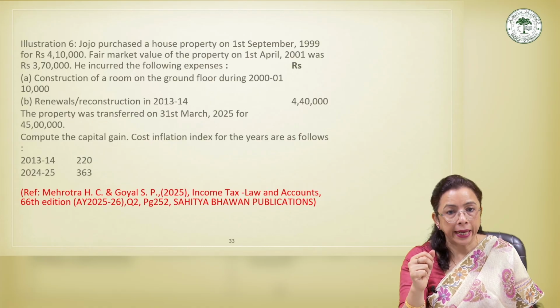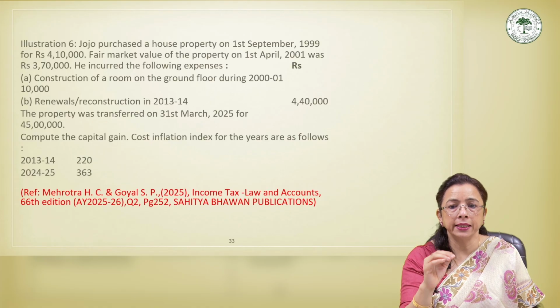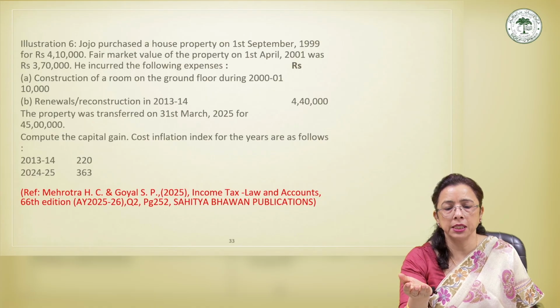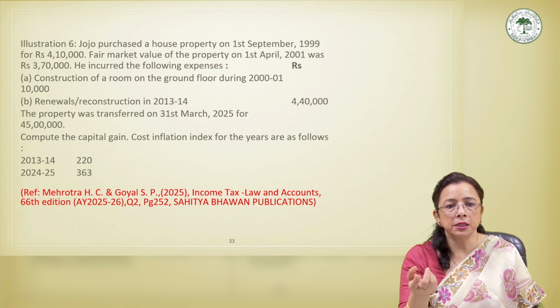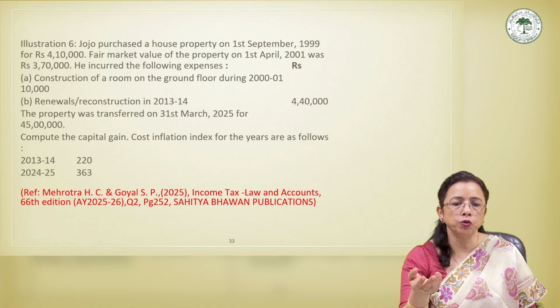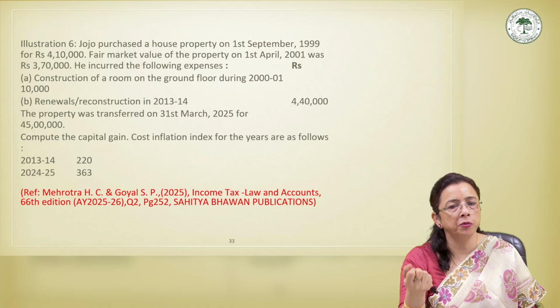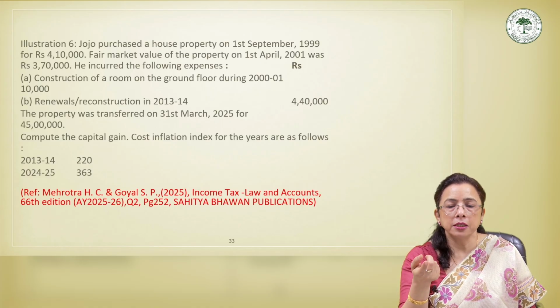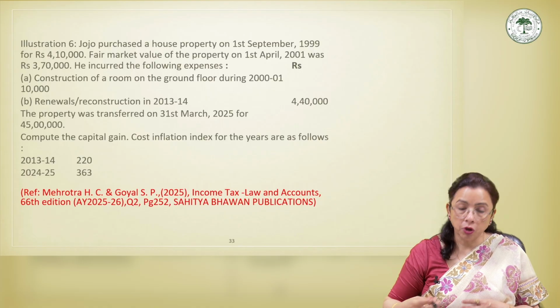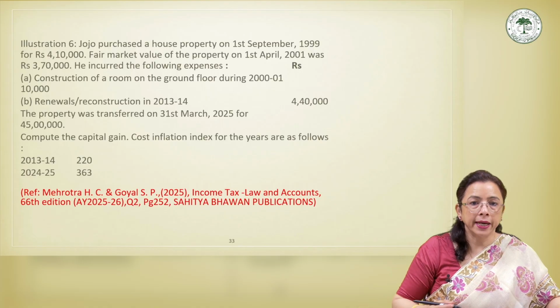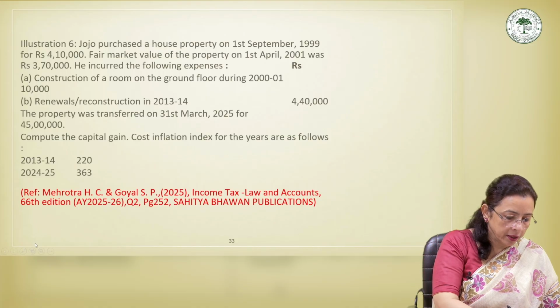Compute the capital gain. The indexed figures are given, that is, CII for the years are as follows: 13-14 is 220, and 24-25 it is 363. I think for 2024-25 you must have learnt that it is always 363. So let us solve it together to understand things in a better way.